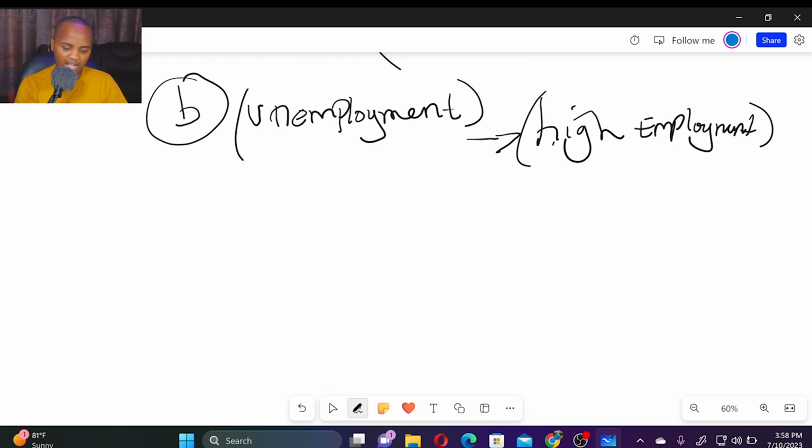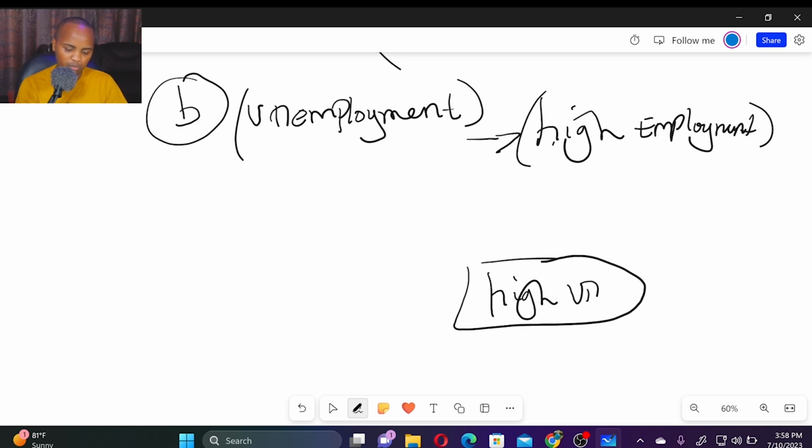We have low, high, we have high unemployment. So what will high unemployment cause here? Will it cause the economy to contract or expand? It will cause the economy to contract.